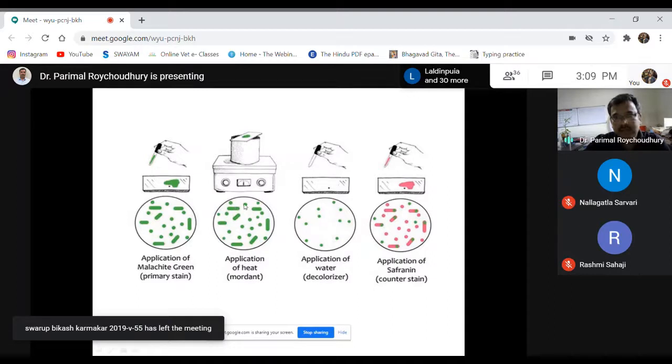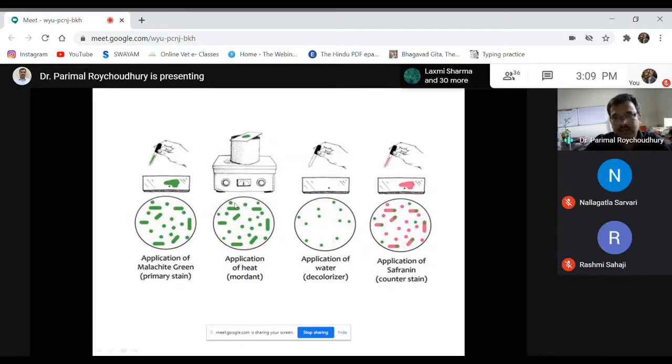All the bacteria, including the spores, will take the malachite green color. Then when you go for decolorization, the spores will not lose the color. This is the differential stage. But all other vegetative forms of bacteria will get decolorized. And when you apply a counterstain, say safranin or any color, because the first is green, the contrast will be red.